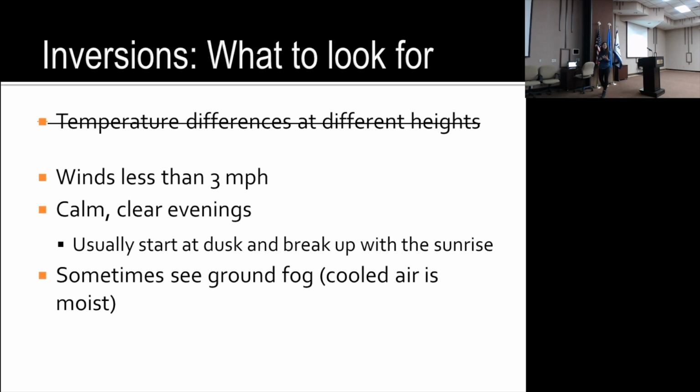When winds are really low, less than 3 miles per hour, we might want to start being cognizant that maybe there's a temperature inversion. They usually start at dusk and break up in the early mornings. They can last a little bit longer. And when there is moisture in the air and we're having an inversion, you can see fog as a result.